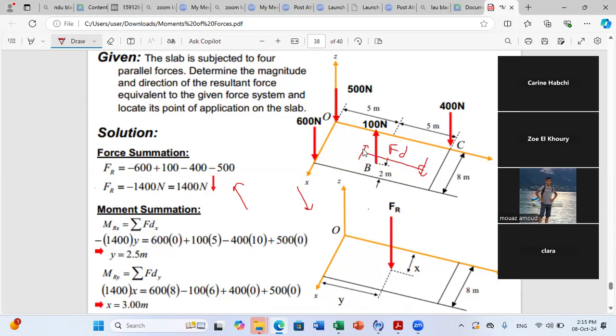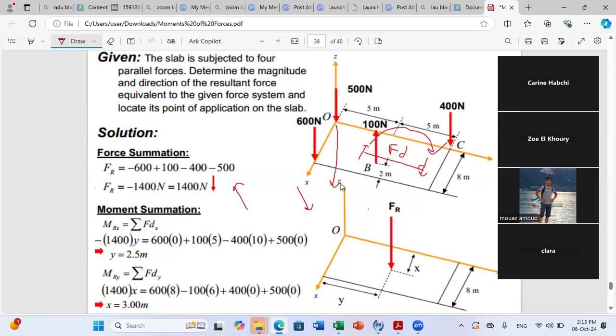You take the perpendicular distance between the forces. And then to find the direction, you do the right-hand rule. If you do the right-hand rule with your hand, you will find that your thumb will point downward. So your vector moment is along minus z. Okay, this is a first method.